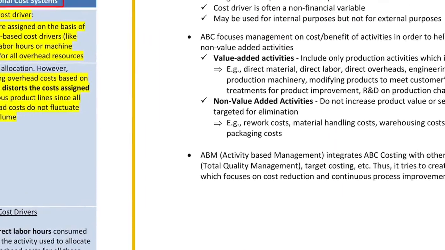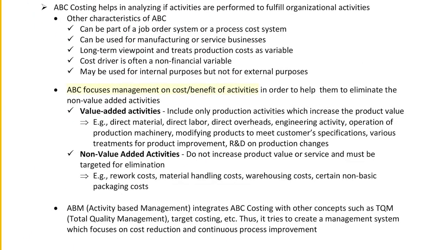Moving to page 27, highlight ABC focuses management on cost benefit of activities, and this helps them eliminate the non-value added activities. Highlight value added activities, so these include only production activities which increase the product value. Then highlight non-value added activities. Now these do not increase product value or service and must be targeted for elimination.